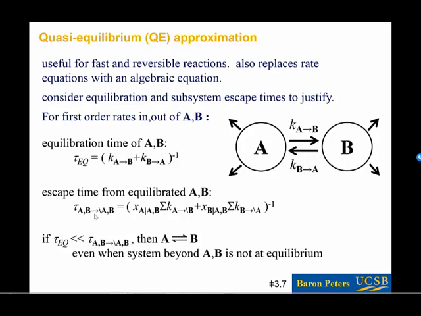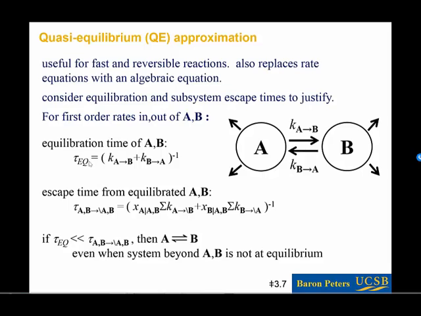What we're concerned with is the time to escape from this merged basin A and B, and that's going to be the sum over all the rates leaving state A and going somewhere other than B, multiplied by the fraction of time at equilibrium that you spend in A, plus the fraction of time in the subsystem that you spend in B, multiplied by all the rates leaving B and going somewhere other than A. So then you take the inverse of that, and you now have the escape time.